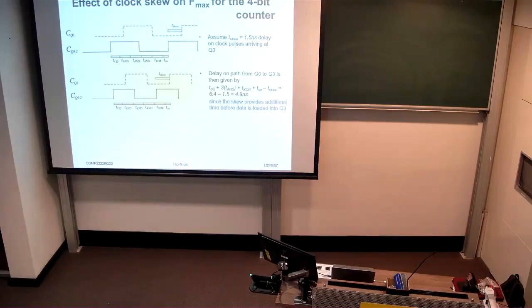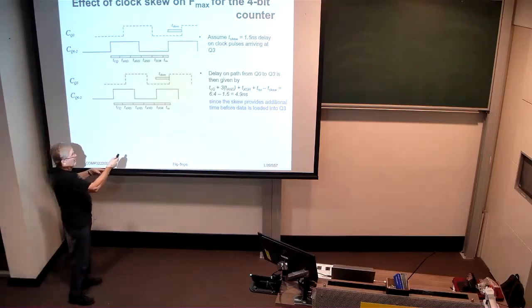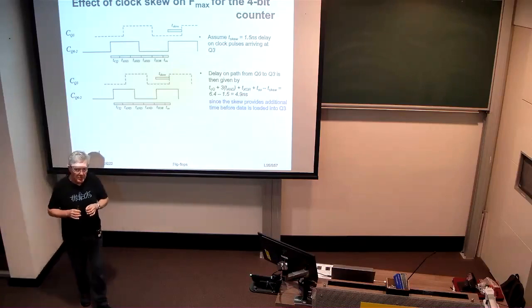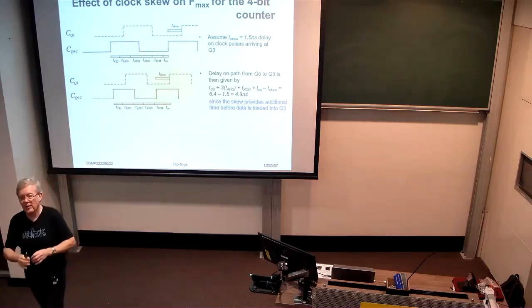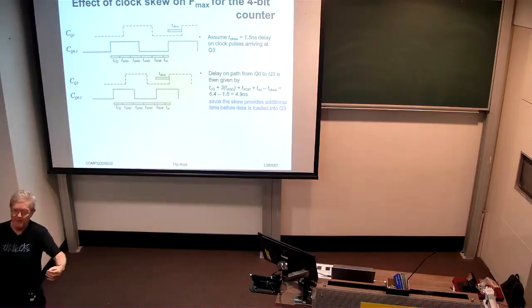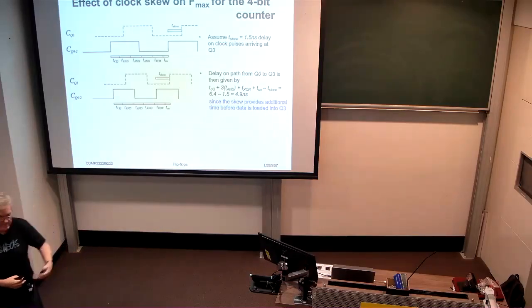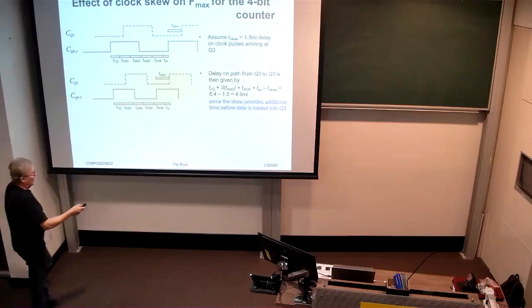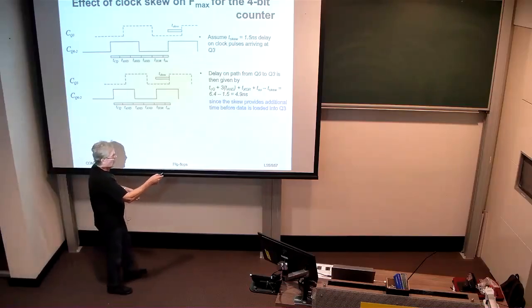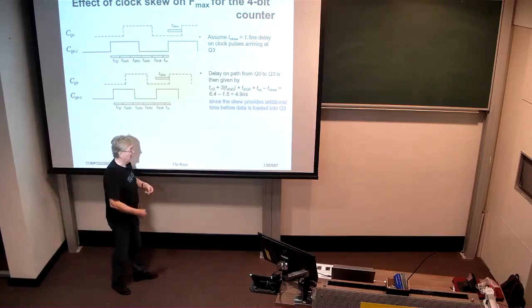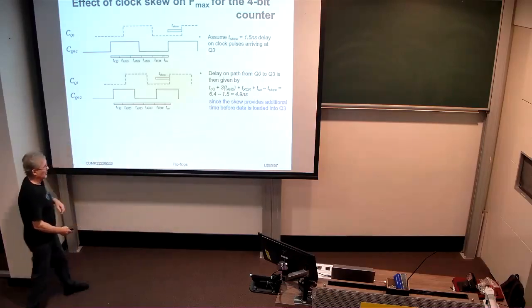Then the effect of the clock skew is to shorten the critical path length as far as that D input is concerned, because we've actually got additional time available for the circuit to settle before the clock signal comes along for that particular flip-flop. So it has the effect of reducing the overall critical path length as far as that flip-flop is concerned.